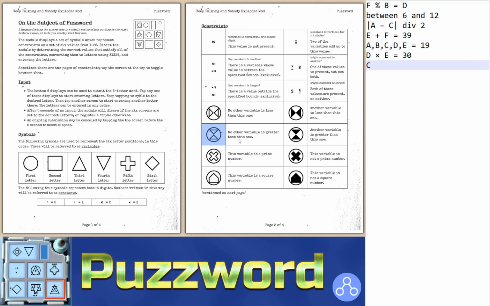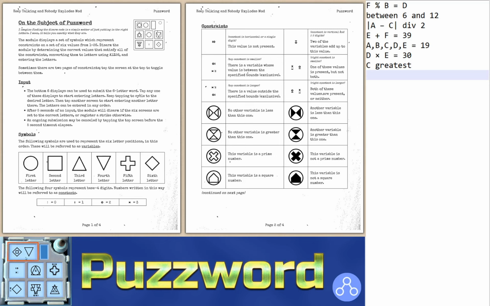So we're looking at this one here, and it says no other variable is greater than this one, which is another way of saying that this one has the greatest value. But the reason it is phrased like this is to make it absolutely clear that it could have the same value as another one. So it doesn't necessarily stand out as the greatest, but it is one of the greatest. All right.